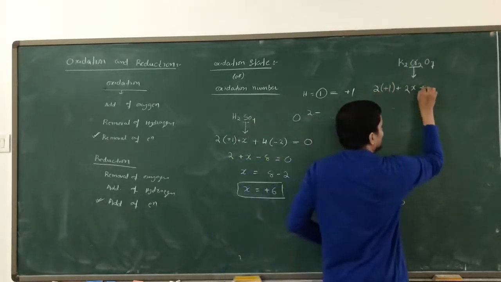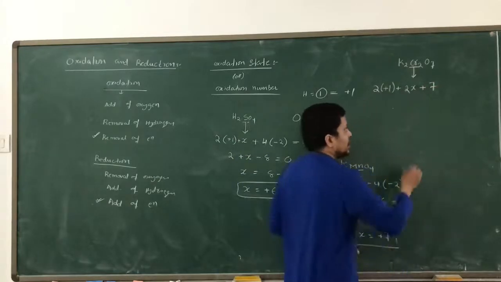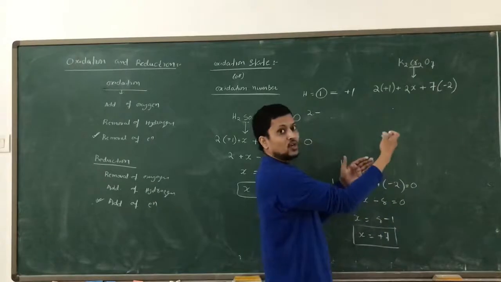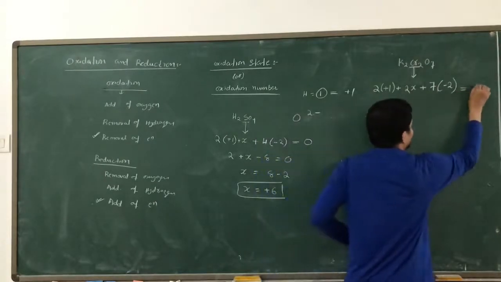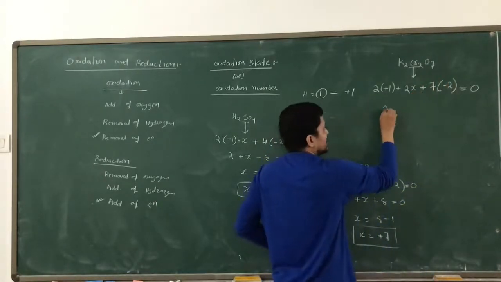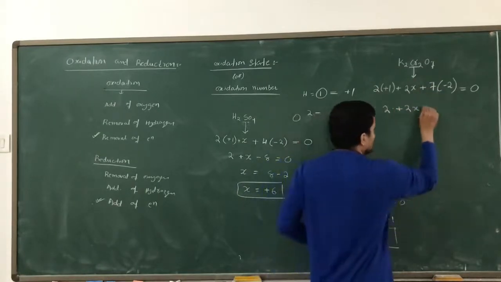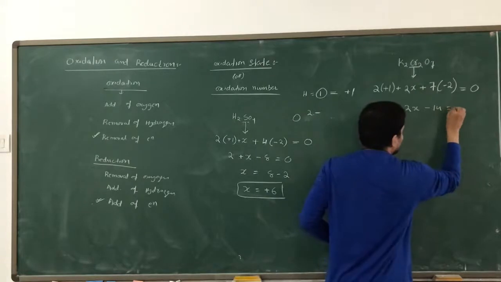Plus, how many oxygens? 7 oxygens we have, and each oxygen will have -2 charge because they take 2 electrons to reach the neon configuration. Is there any charge on the complex? No charge.